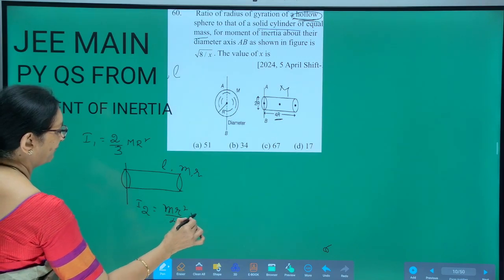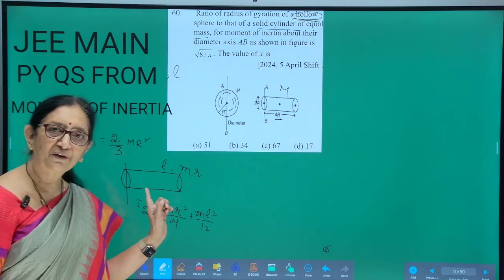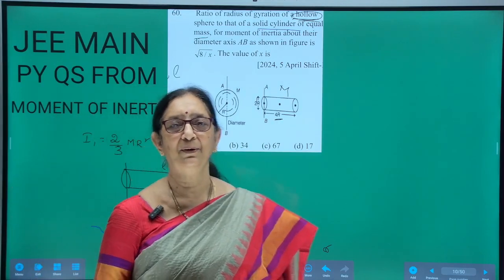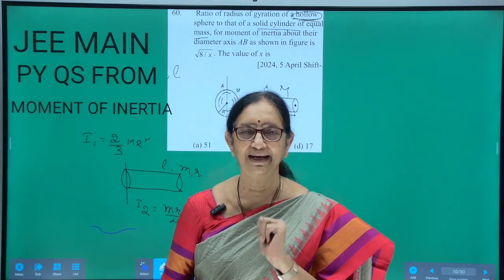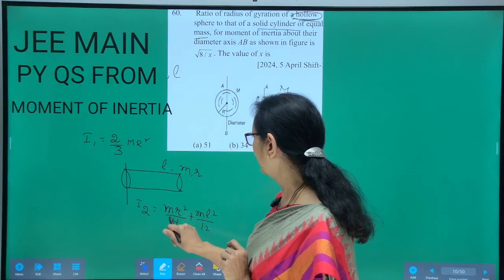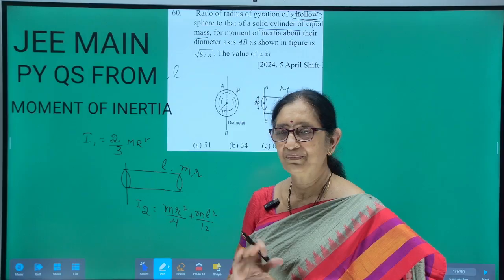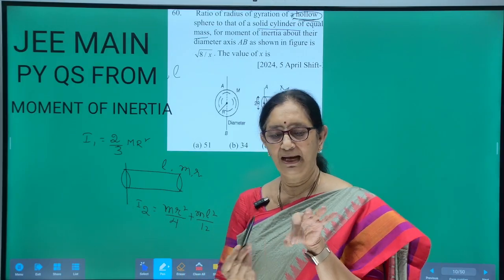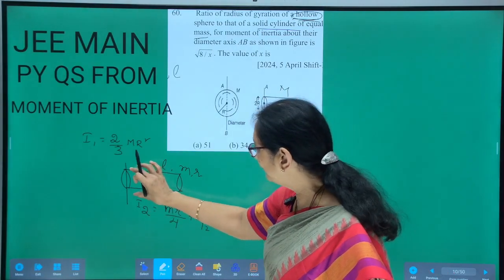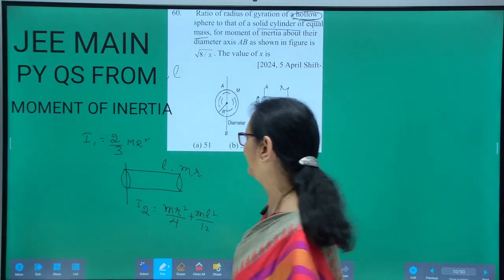If you consider this cylinder as a thin rod, for a thin rod about an axis passing through the end point perpendicular to the length is ml square by 12, right? And this becomes the diameter of the disc, because this is a solid cylinder. About the diameter of the disc, the moment of inertia is mr square by 4. So, for a cylinder about this axis, this is the formula.